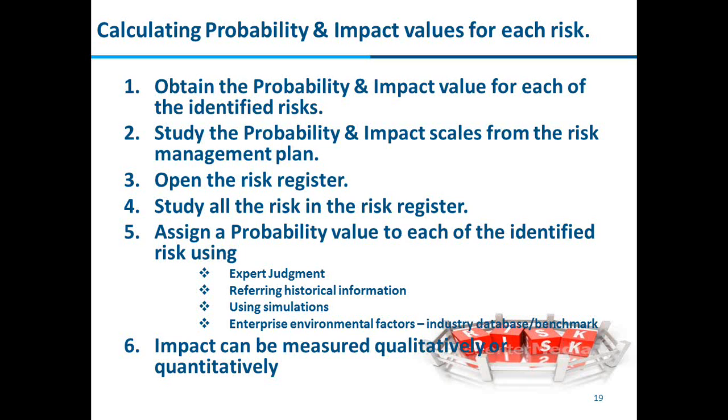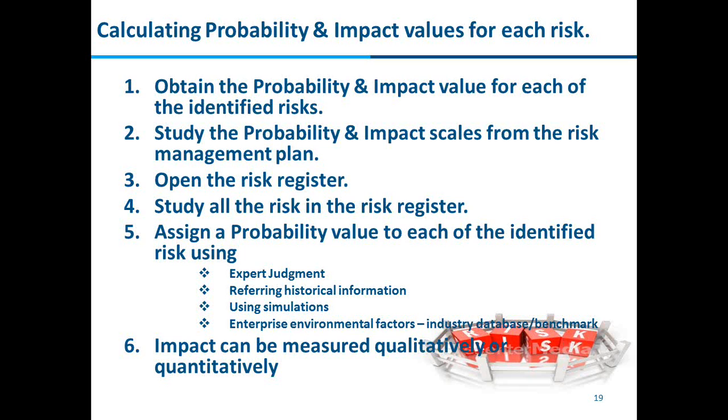Then how do you assign a probability value to an identified risk? There are various methods. You can use expert judgment: you talk to your technical team and take their view about whether the risk will materialize, or whether the opportunity can materialize so that we can cash in on it.